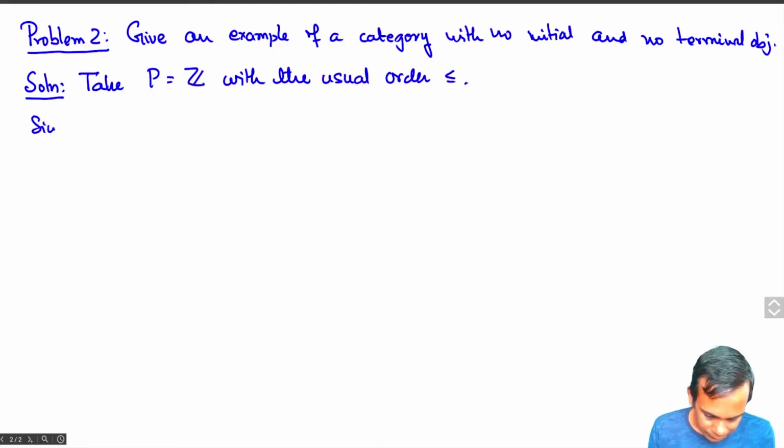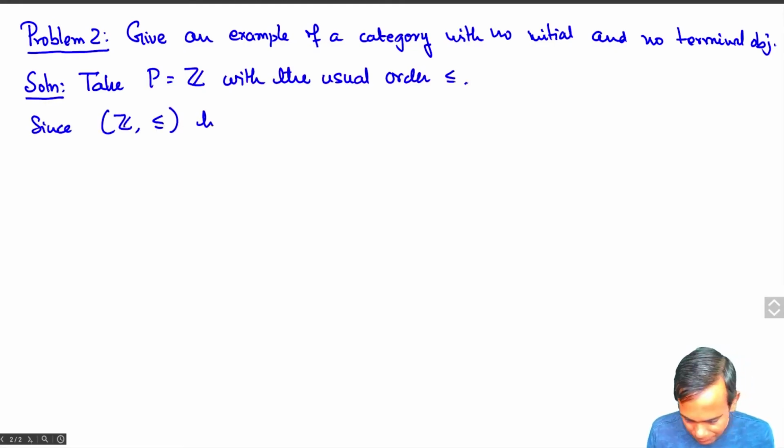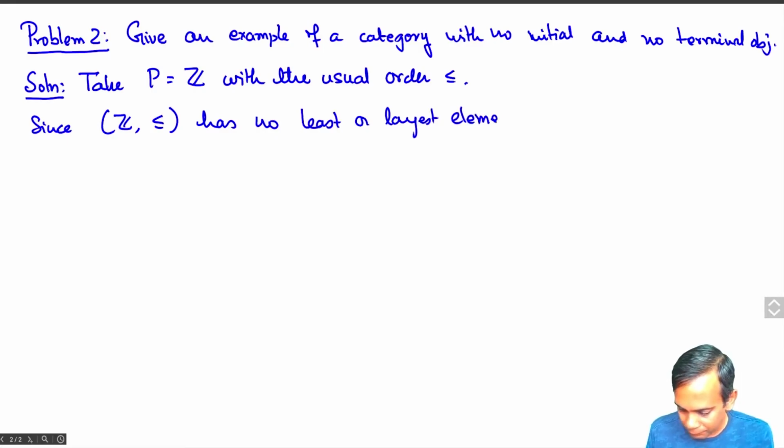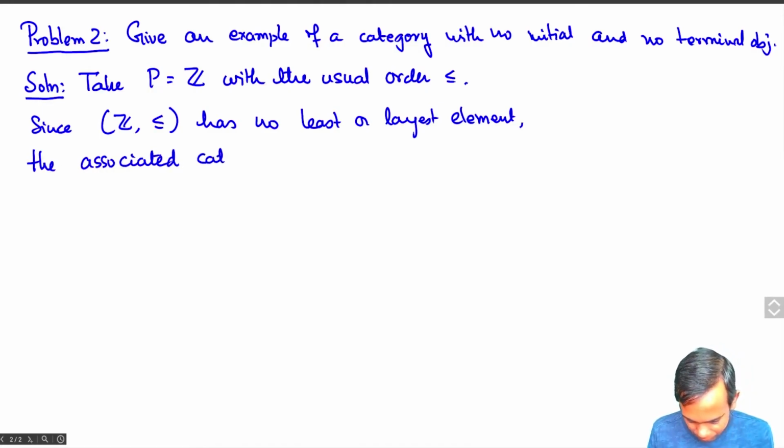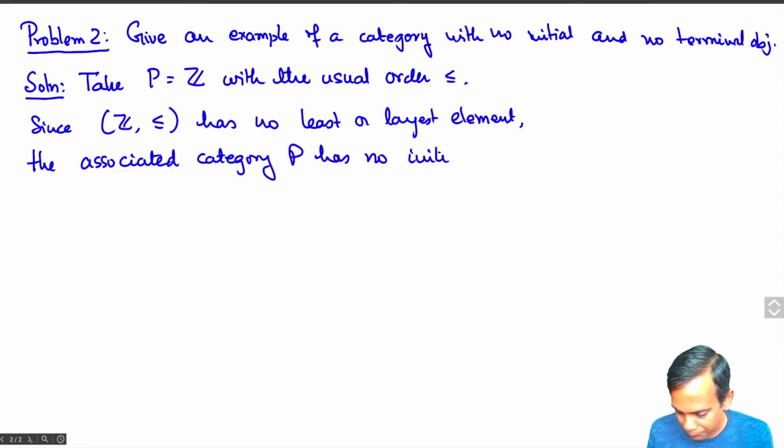Okay, so since this partially ordered set has no least or largest element, the associated category script P has no initial or terminal object.